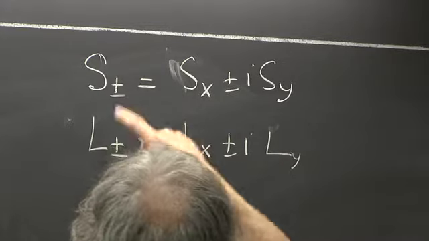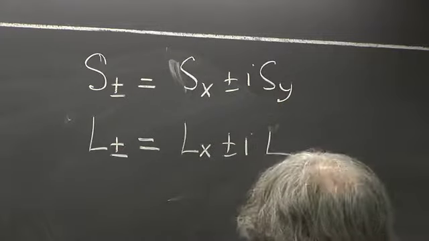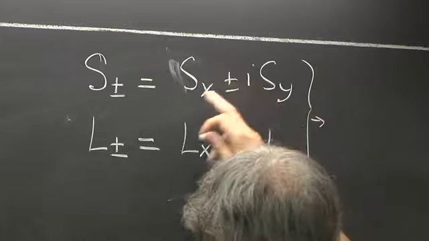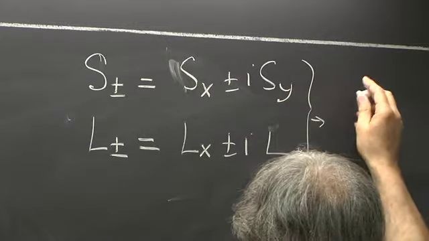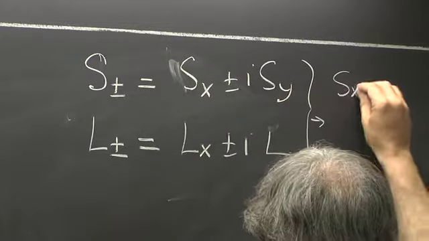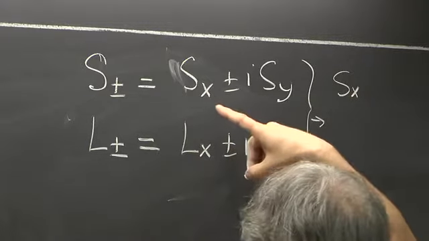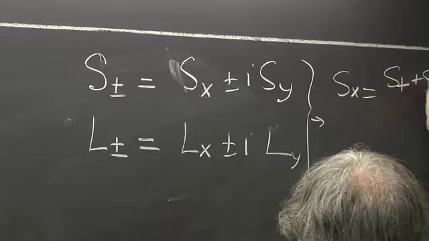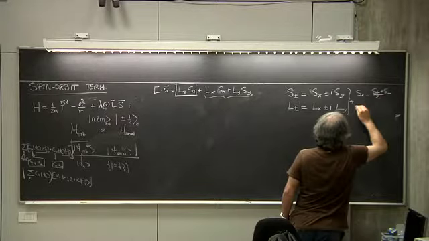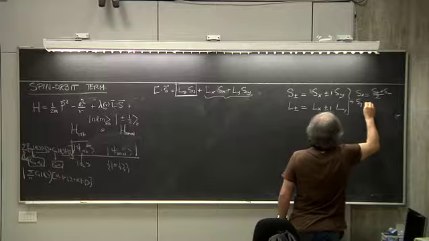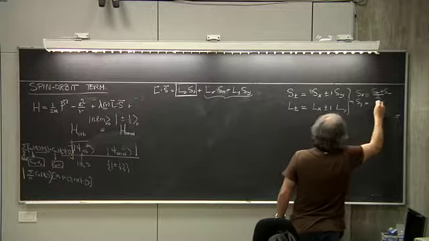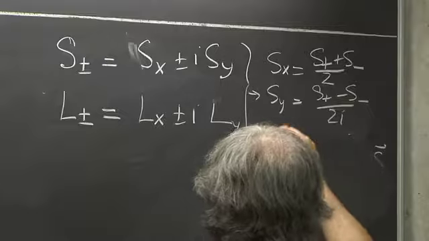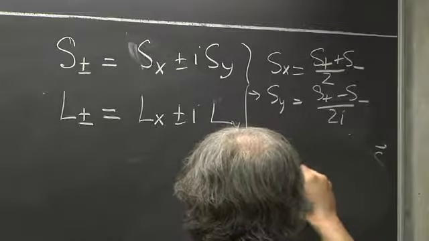By inverting the two, you can easily convince yourself that, for instance, Sx is equal to, help me, (S plus + S minus) over 2. Sy is equal to (S plus minus S minus) over 2i, and similar expressions for Lx and Ly.